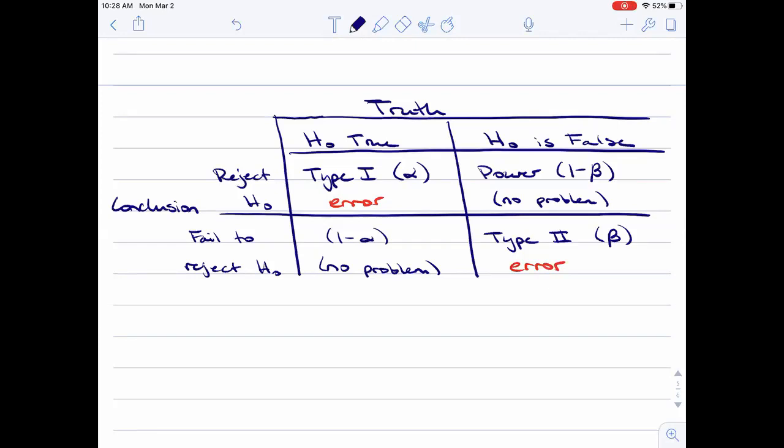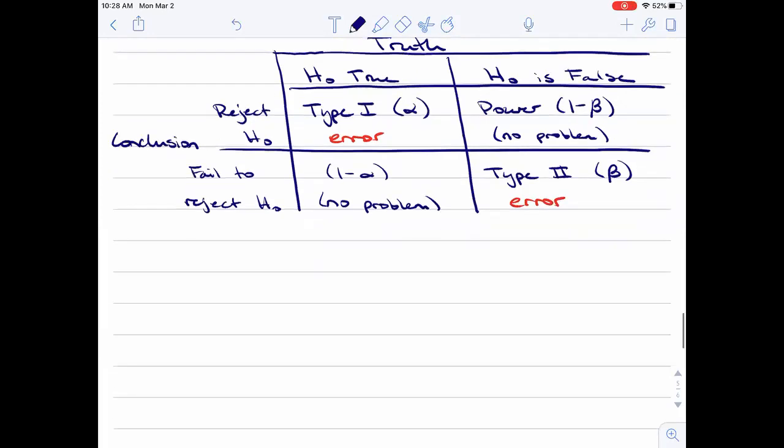I've told you that you have a disease when you actually don't. Typically, type 1 errors can be thought of as false alarms.